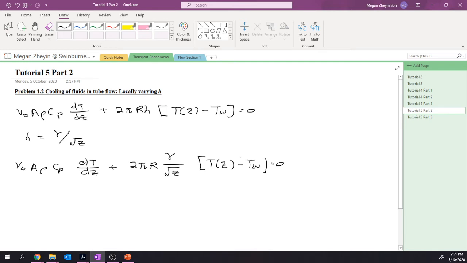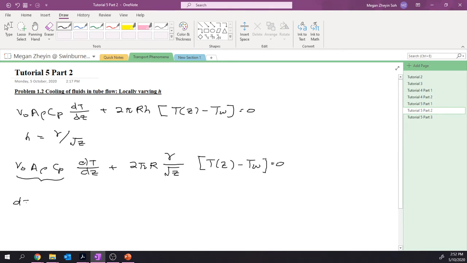Now we divide everything by this, because we want to let this stand alone, and put the constants on one side. Dividing this by this, we get nothing.